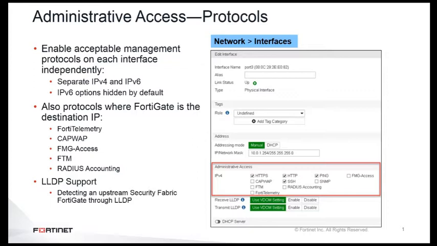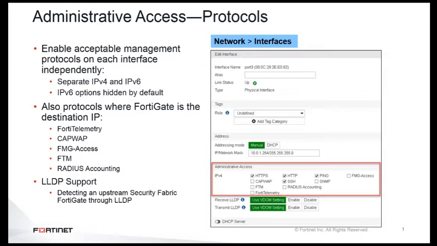FTM, or FortiToken Mobile Push, supports second-factor authentication requests from a FortiToken Mobile app. The push service is provided by Apple, APNS, and Google, GCM, for iPhone and Android smartphones respectively. In addition, FortiOS supports FTM Push when FortiAuthenticator is the authentication server.